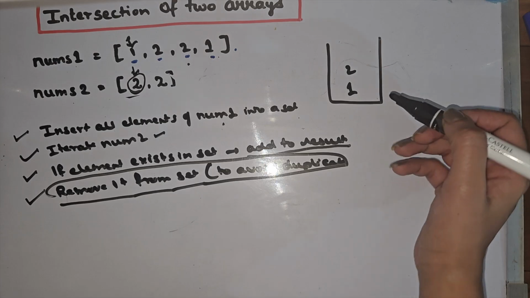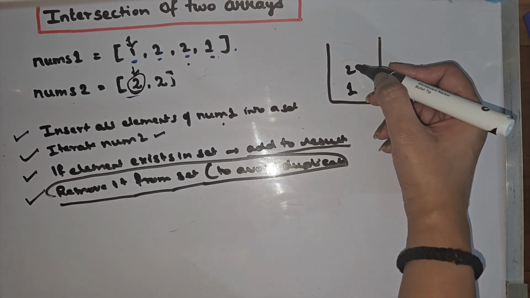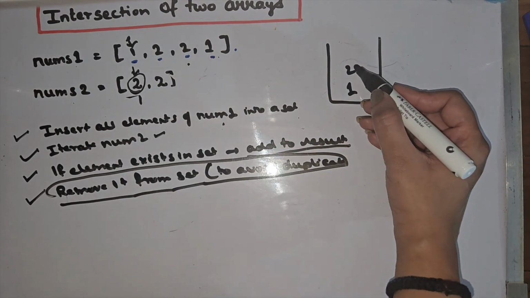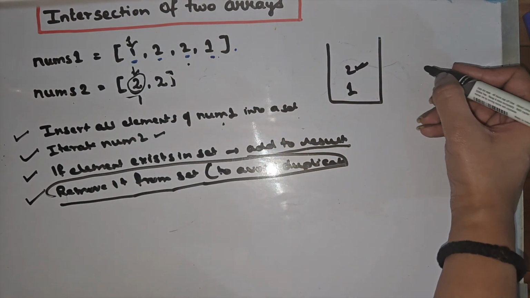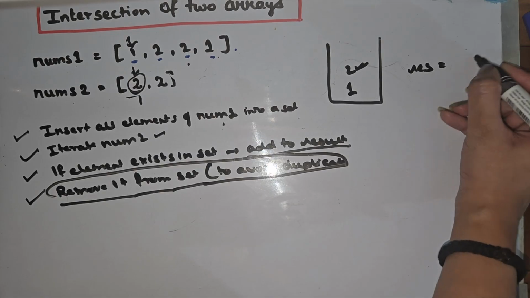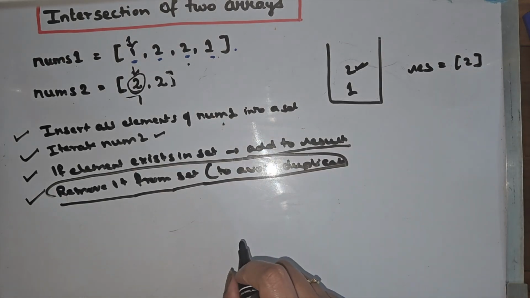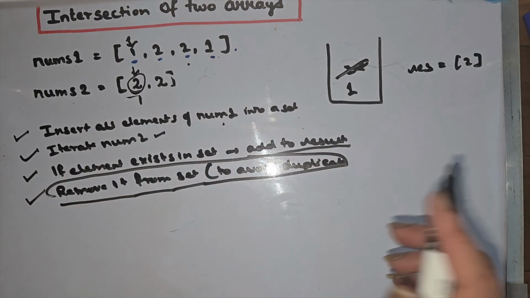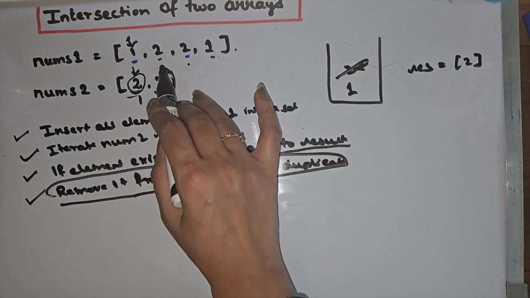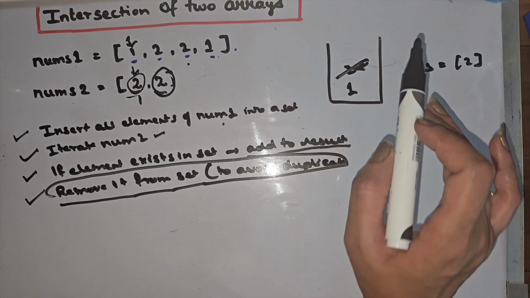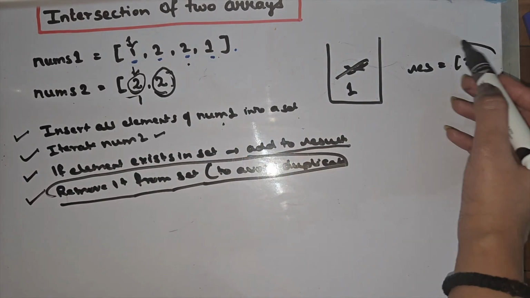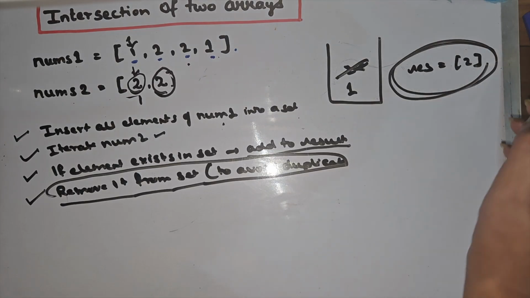We will check if 2 exists in the set. We can see that yes, 2 exists. We will have a result and we will add 2 to the result. And we will remove this particular element from the set. Now we will check again. Is 2 present? But the 2 was removed. So 2 is not present now. So this way we have the result as 2 only.